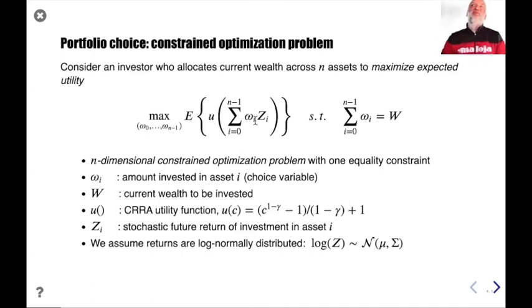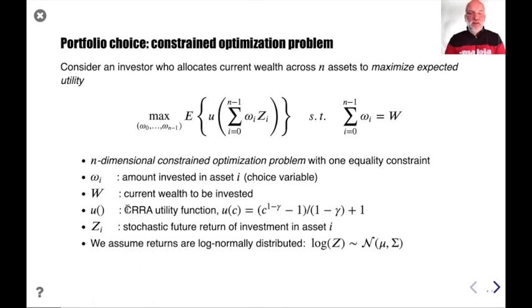So you get 10% more than you invest. So you can think of z I as being 1 plus the interest rate. And then you just add up all the assets in your portfolio, how much you invested times what the return was, the stochastic future return on asset I. So that's pretty much it.